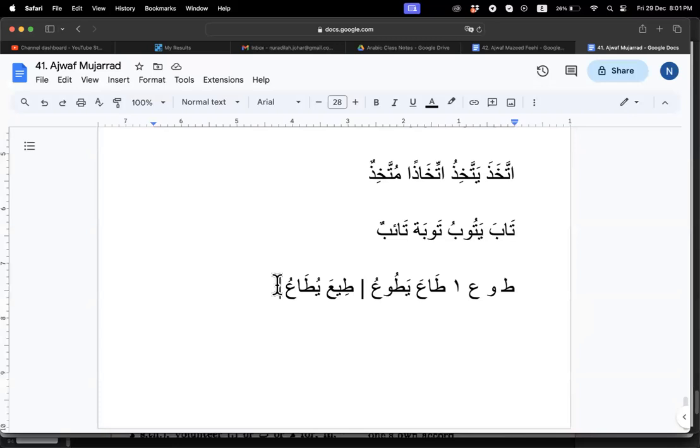But remember, we saw this before. When we see family one mudhari majhul, it can also be what family actually?